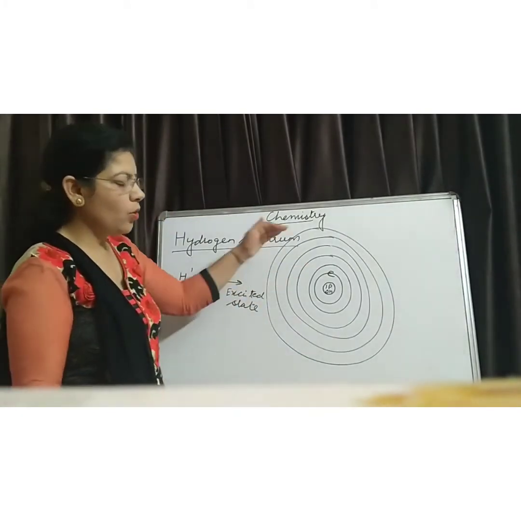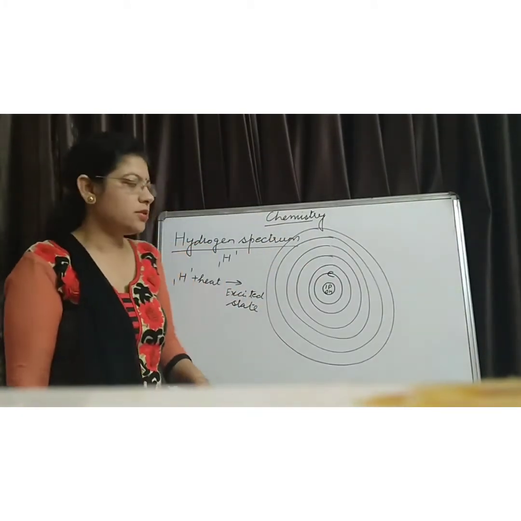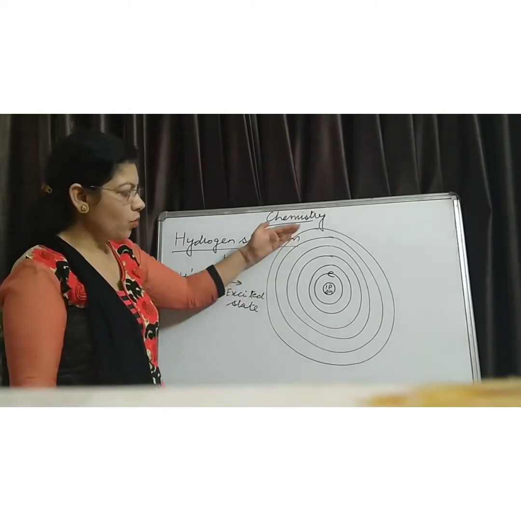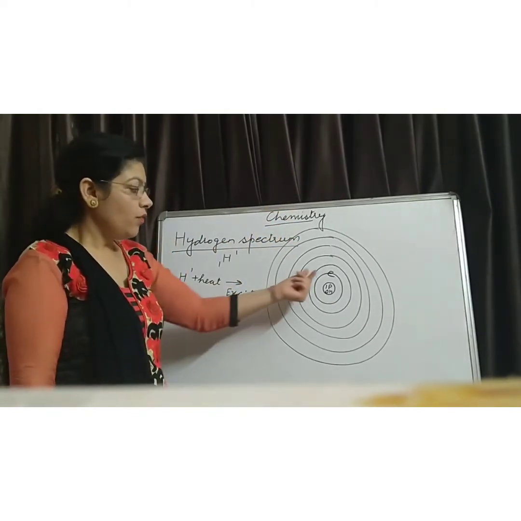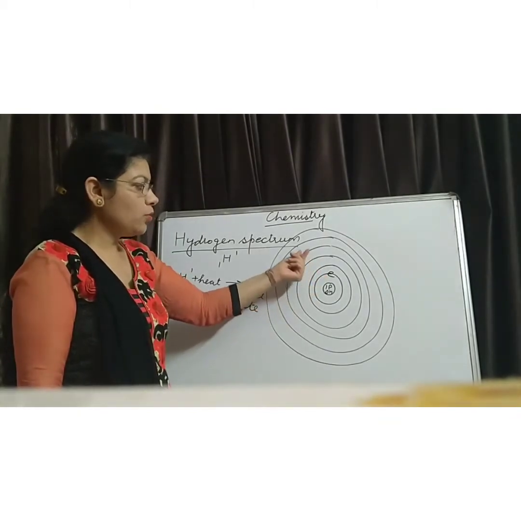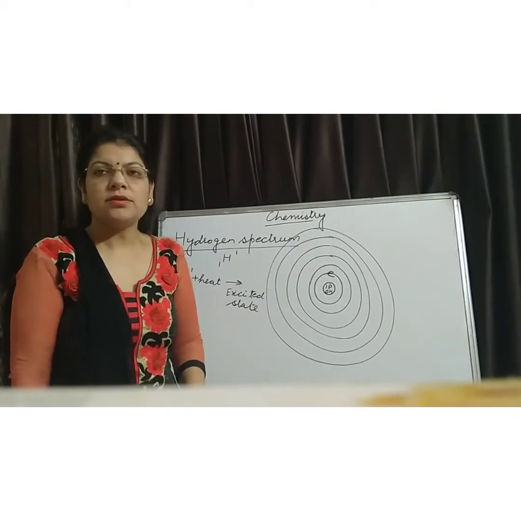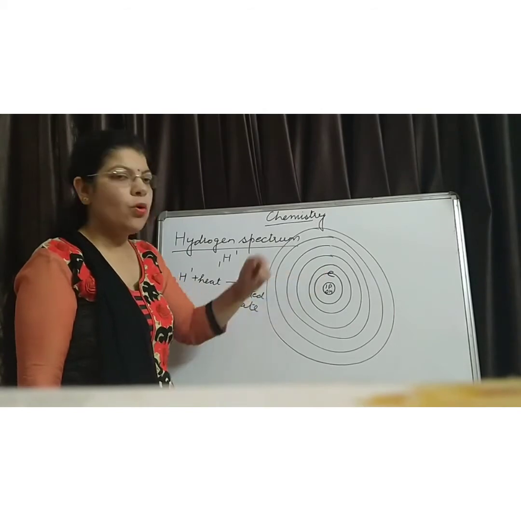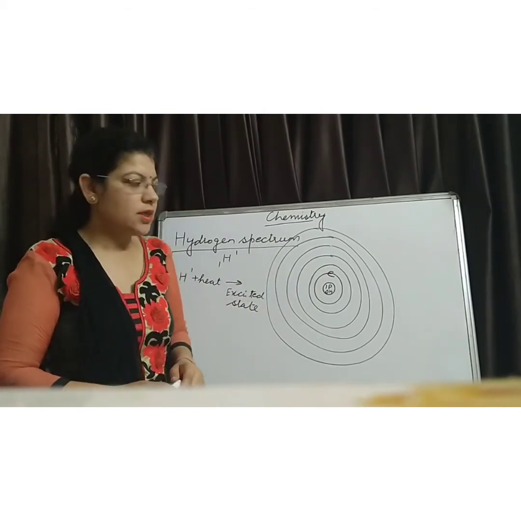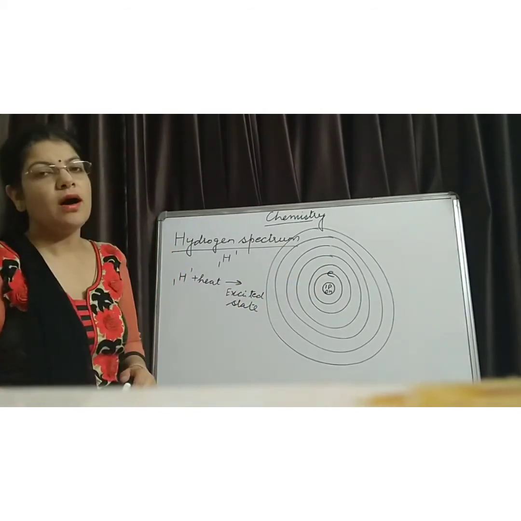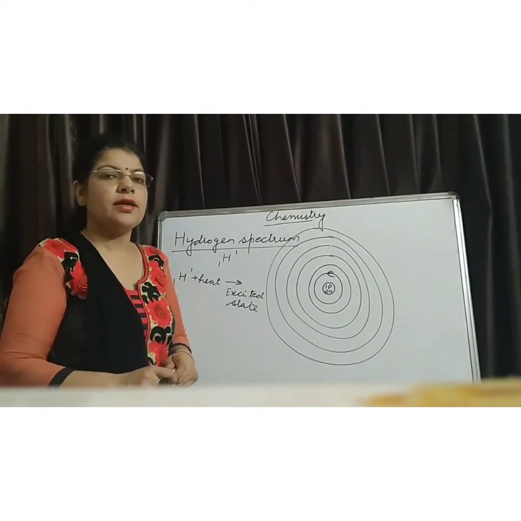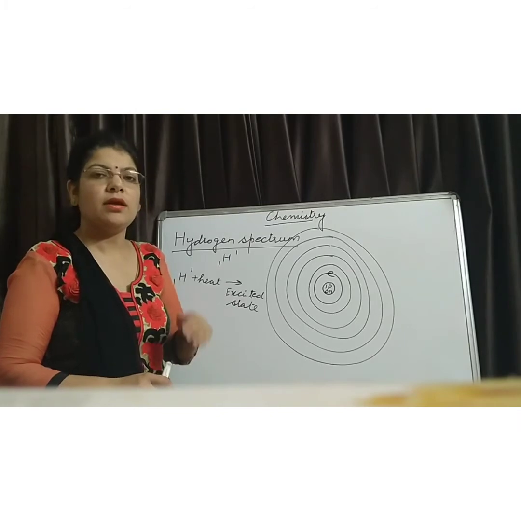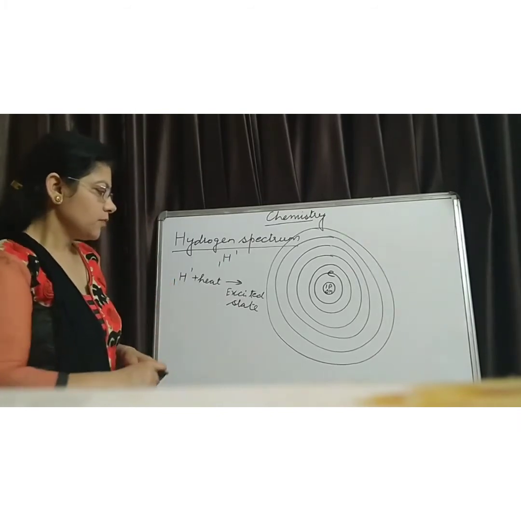As these all orbits have higher energy, therefore these all orbits are unstable, or when the electron jumps into these orbits, then this electron becomes unstable because of the higher energy. We know that all the atoms, all the electrons are stable in lower energy.